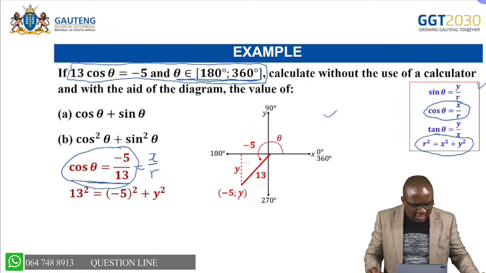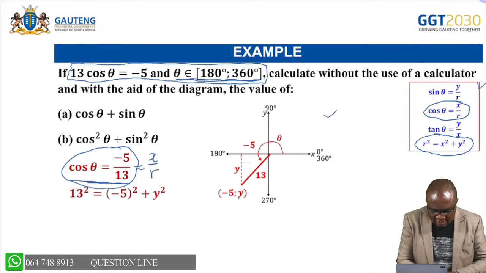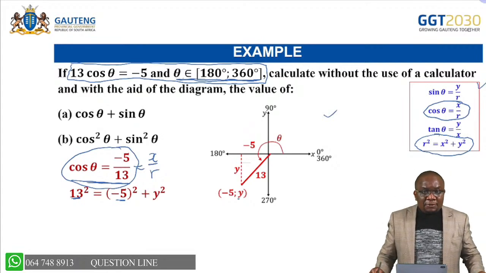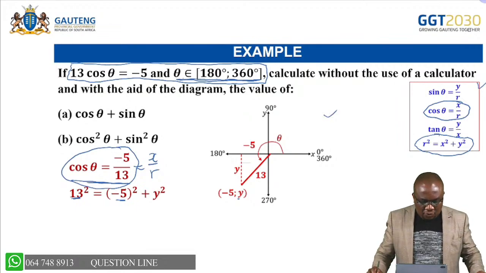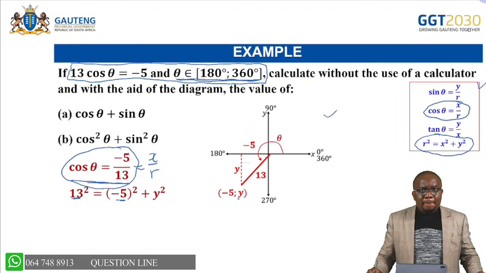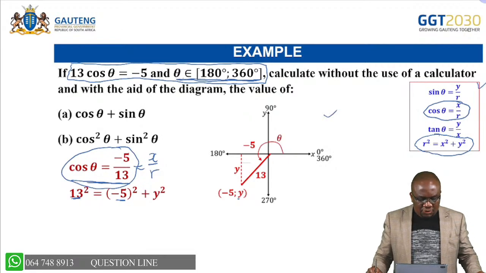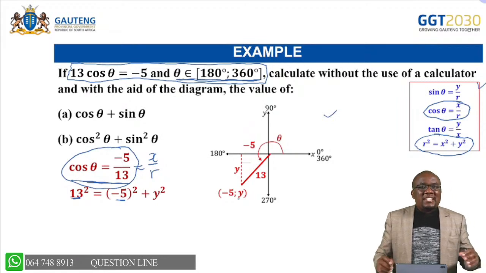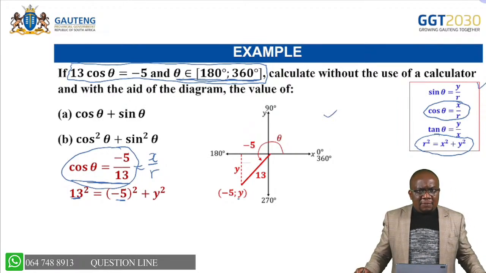Okay? And then now let's calculate. I just substituted. This is r, this is x. Write it down: 13 squared is equal to negative 5 squared plus y squared. We're going to move step by step. I'm just substituting here. And then what do we do after this?